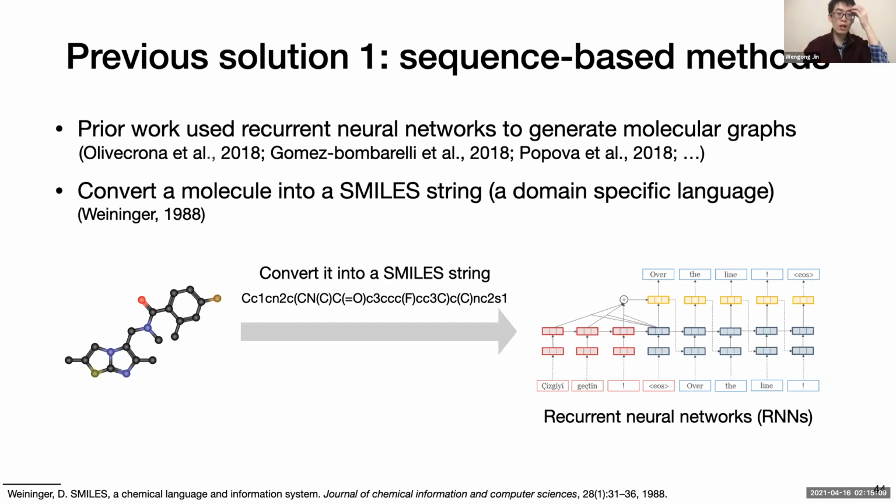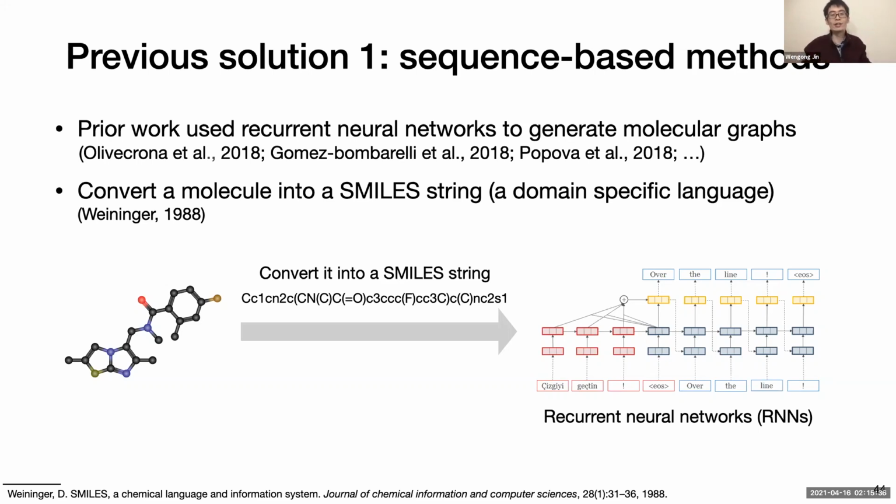Sounds good. So, right, there are two prior approaches before what I did. First is this sequence-based method. In chemistry, there's a representation called the SMILES string. It's a domain-specific language. You can convert a molecule, a graph, into this 1D sequence.